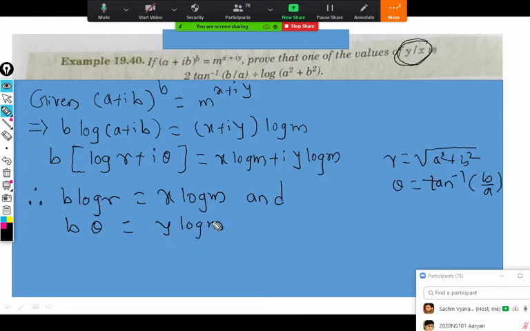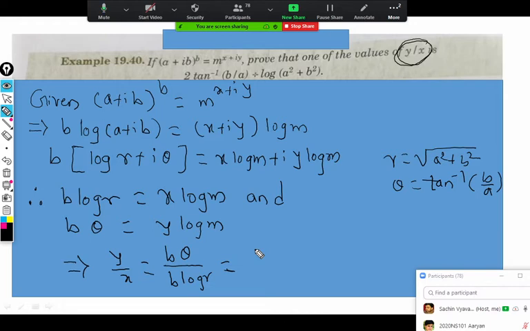And what we want is actually the value of y by x. So obviously, dividing these two equations, equation 1 and 2, log m gets cancelled, and y by x you get as b theta divided by b log r. b again gets cancelled. Theta is tan inverse of b upon a.